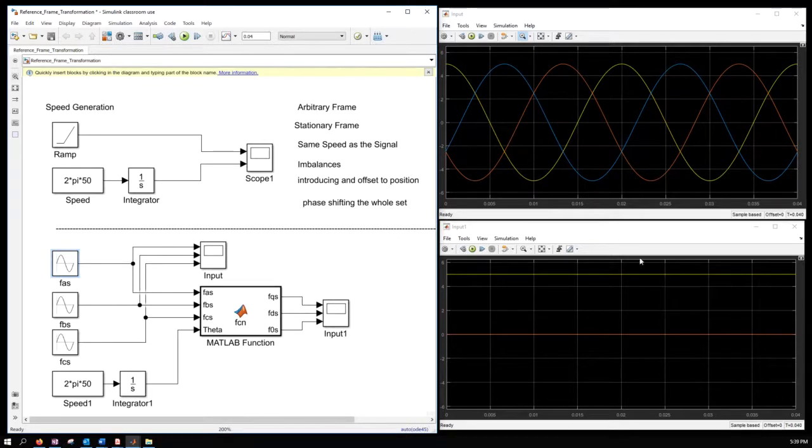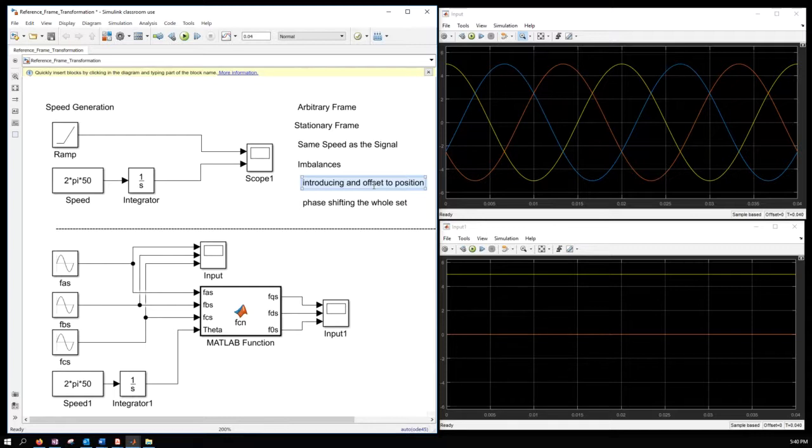Okay. So we looked at the imbalance, and that showed what it does. And then let's look at another effect that we can see, an offset in the position. What this means is, let me say that both frames are rotating at the same frequency.